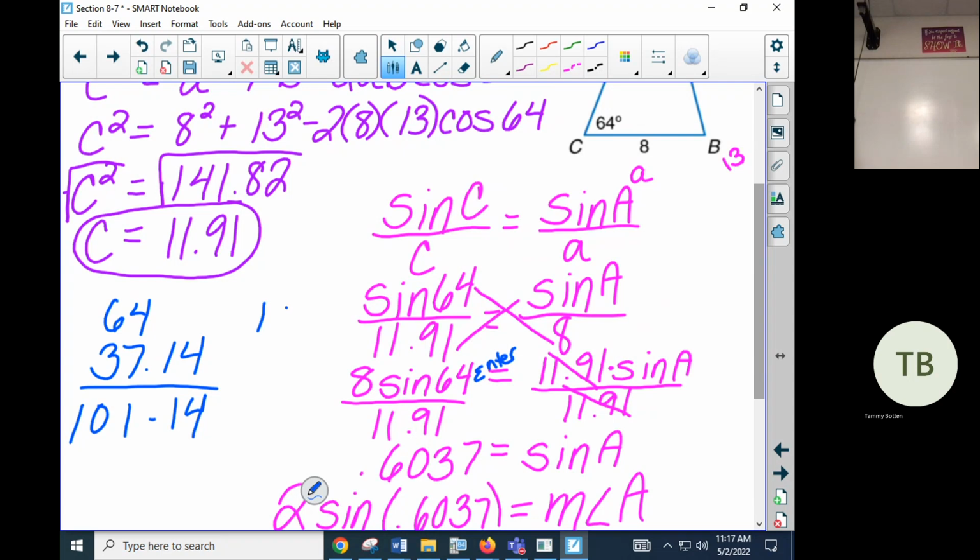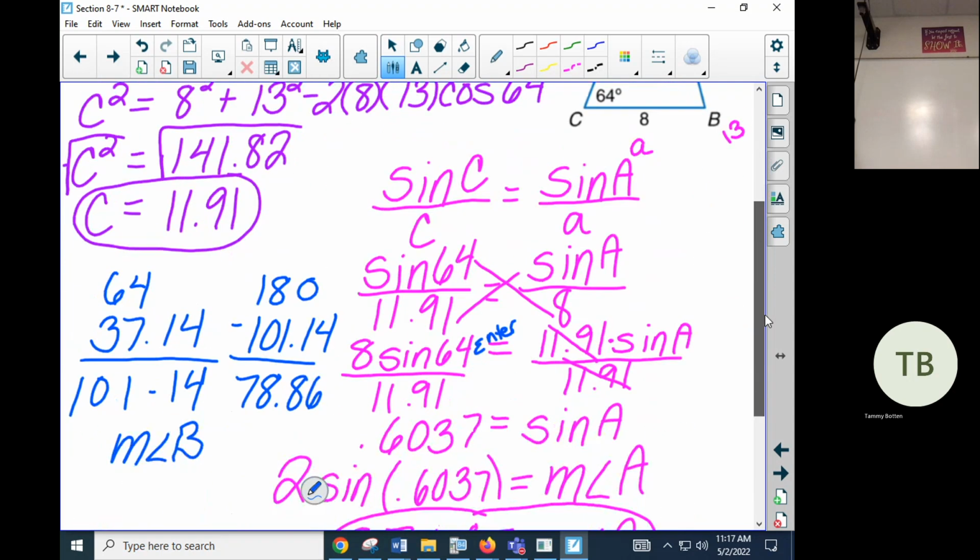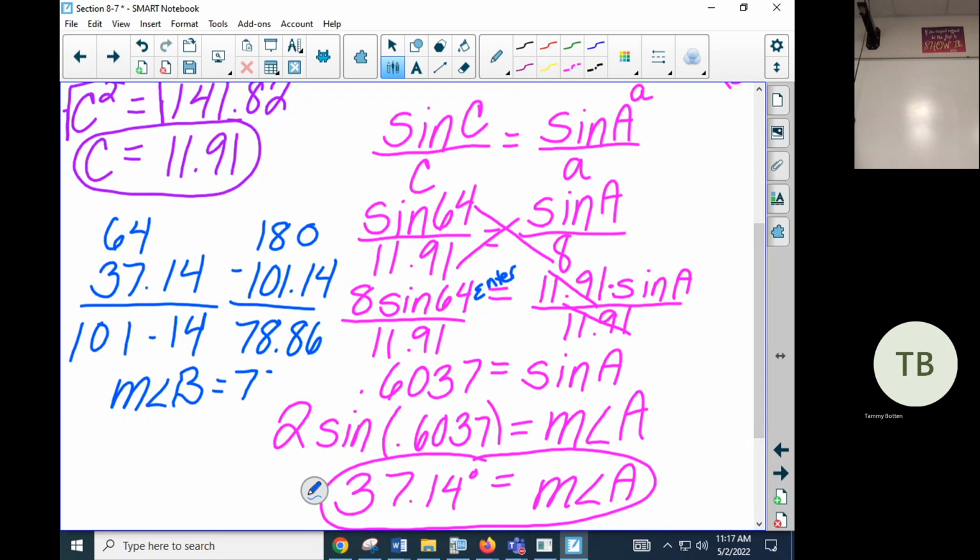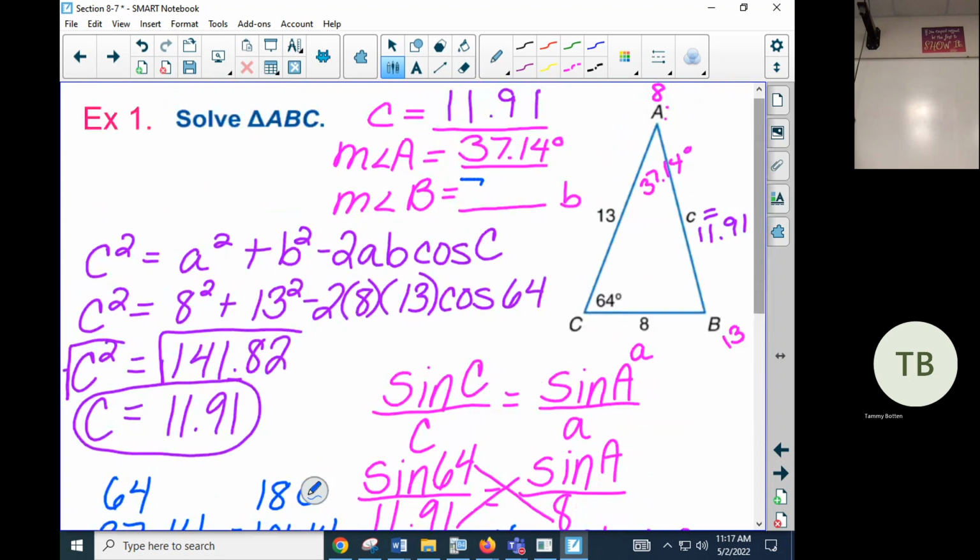And then if I take that 101.14 and I subtract it from 180, I get 78.86. And that is the measure of angle B, I believe. Yes. Is 78.86. Okay. So this is our answer.